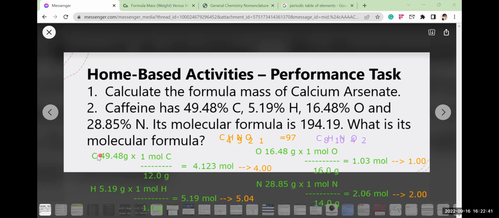After you get the number of moles of each element, hinanap yung formula mass. How do you find the formula mass?